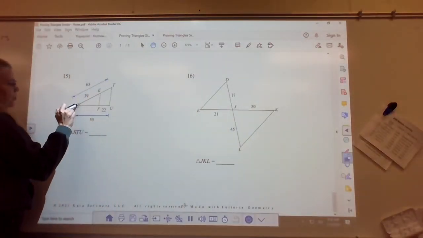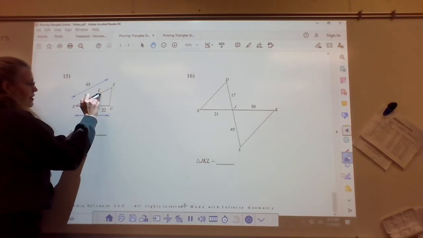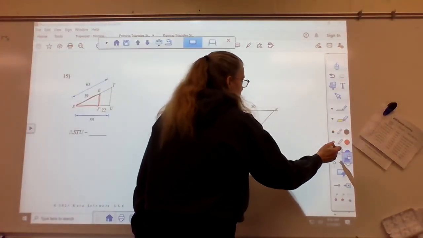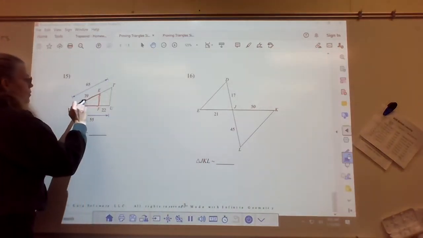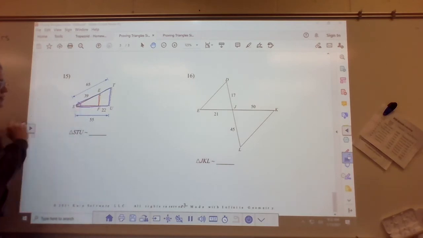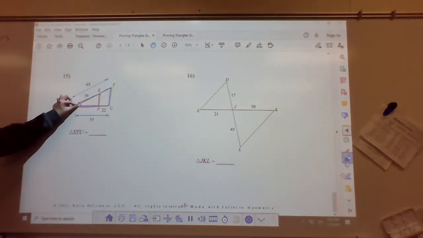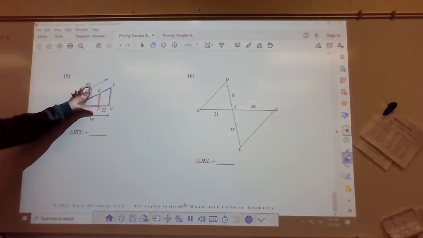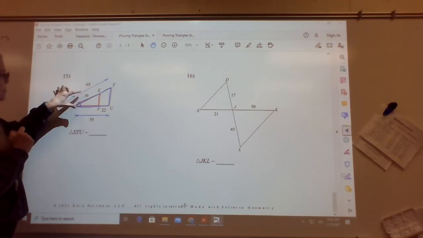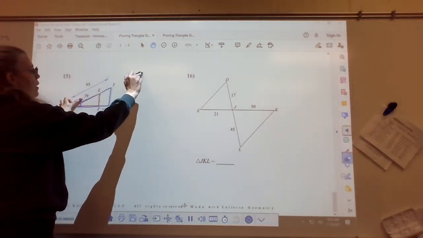This one's probably the trickiest of the bunch. Again, I've got this little triangle here, and then I have another triangle here. So here's my two triangles. Now, S is the same for both. So it looks like a side angle side because I have an angle with sides on either side. So I've got to check my sides. So my sides, I'm going to compare the 65 and the 39.